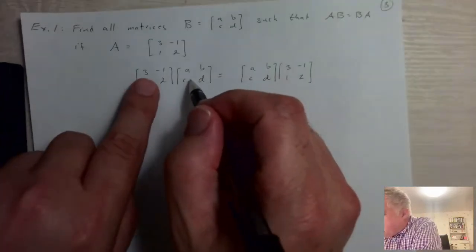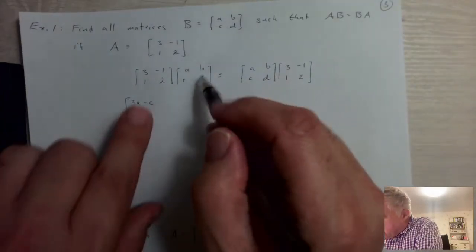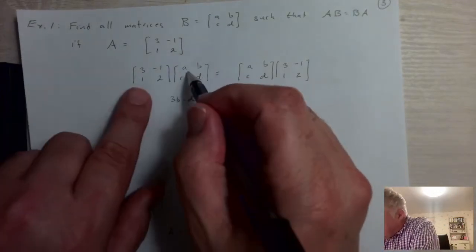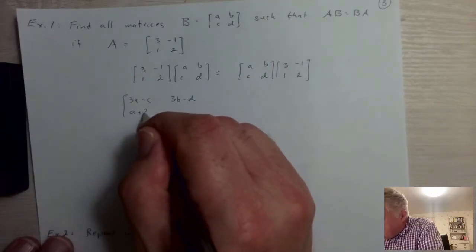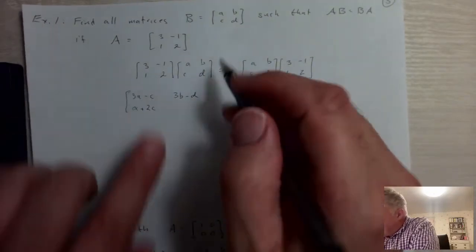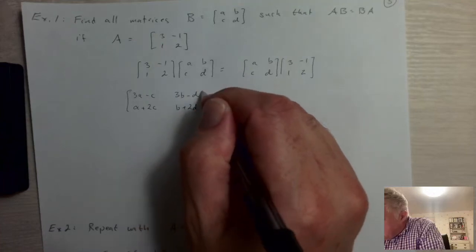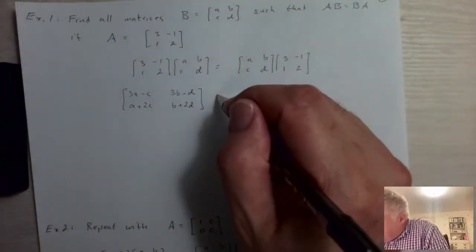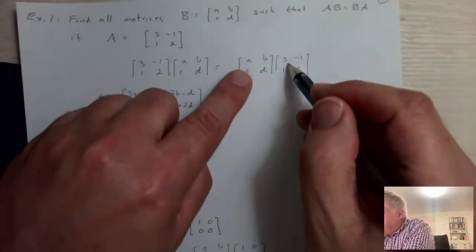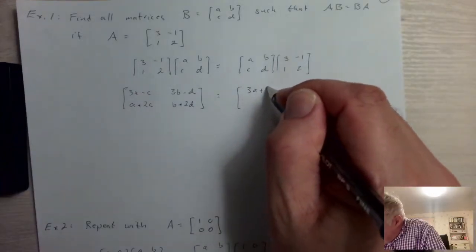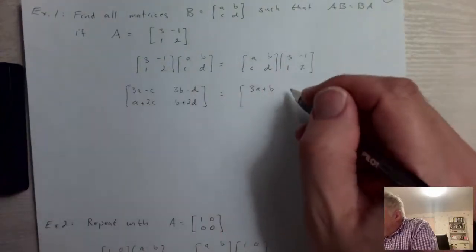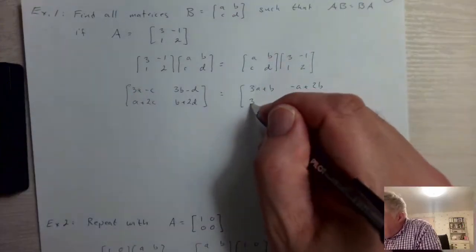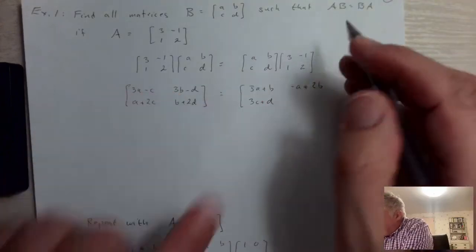Over here we get 3A minus C, 3B minus D, A plus 2C, and B plus 2D on this side. And on the other side, if we multiply them in the other order, we get 3A plus B, minus A plus 2B, 3C plus D, and minus C plus 2D.